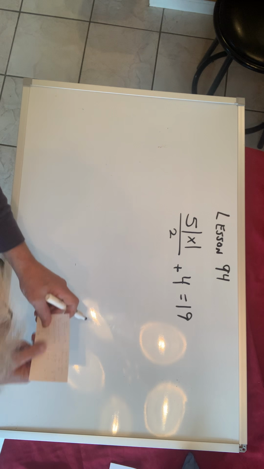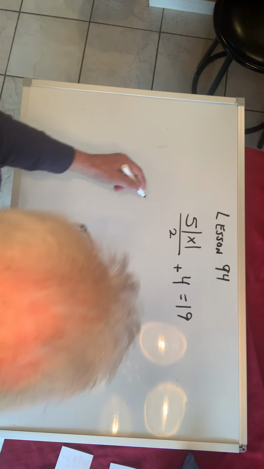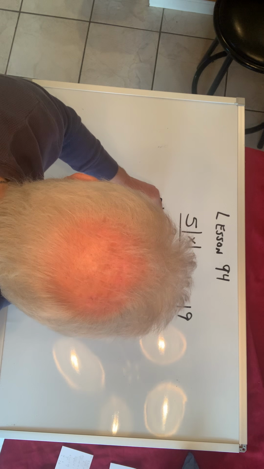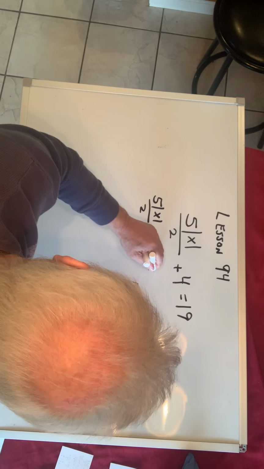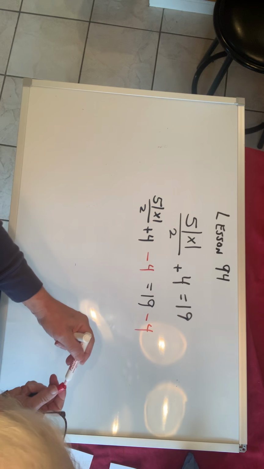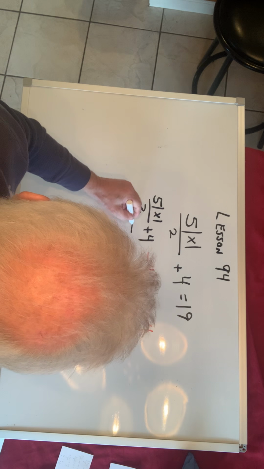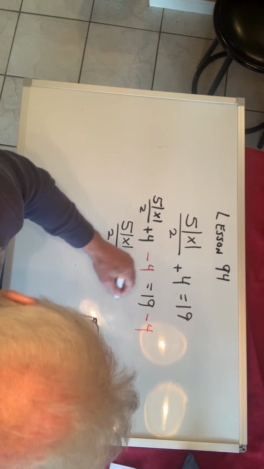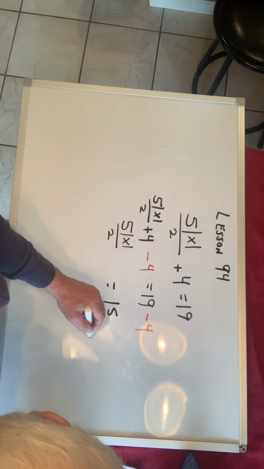Okay, just more steps. It's nothing that we haven't done before. Again, 5 times the absolute value of x over 2 plus 4 minus 4 equals 19 minus 4. We do it to both sides. We're left with 5 times the absolute value of x over 2 equals 15.